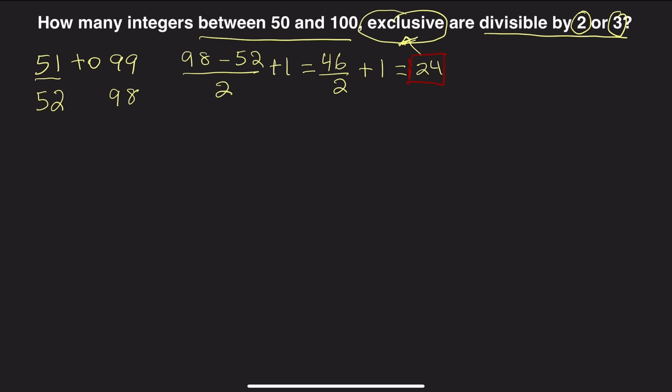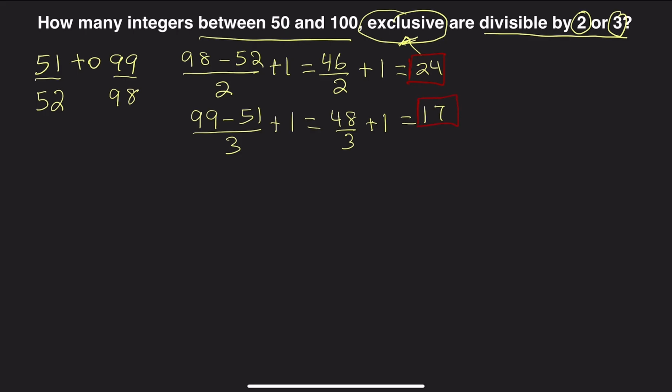And the largest number divisible by 3 in this range is 99. Take these two numbers: 99 minus 51, divided by 3, plus 1. So 48 divided by 3 plus 1, and that gives us 17.